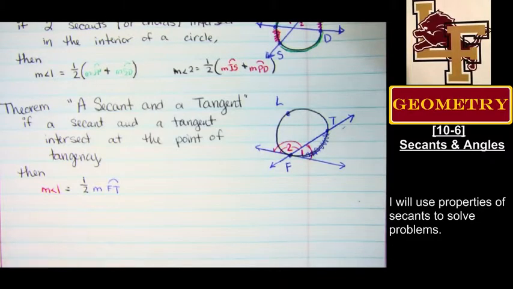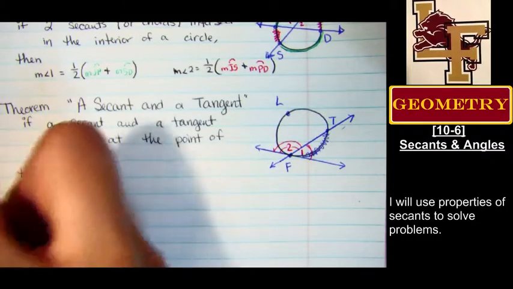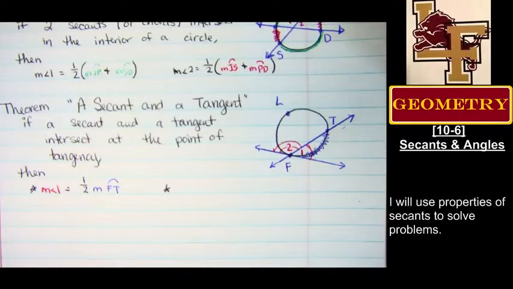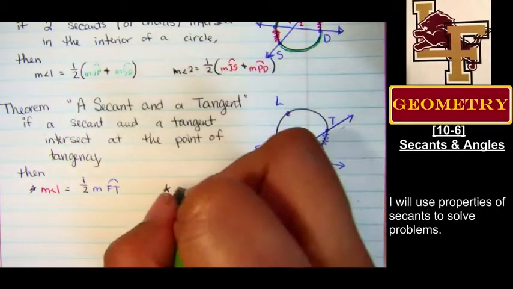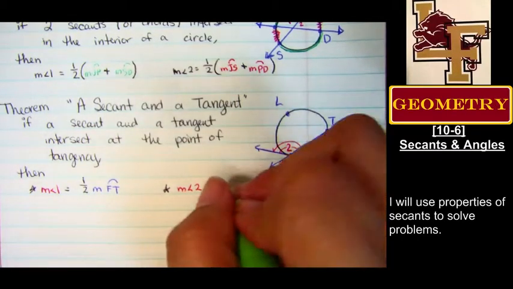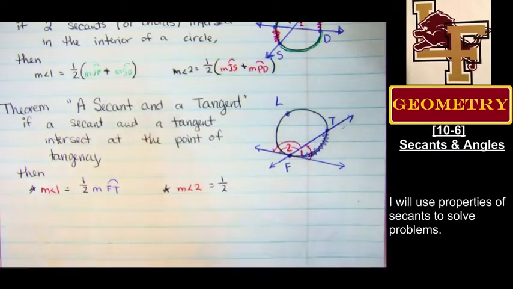The other formula that we can create is the same idea, but now we're looking at it from the other side. So the measure of angle 2 is 1/2, but now we need this arc.